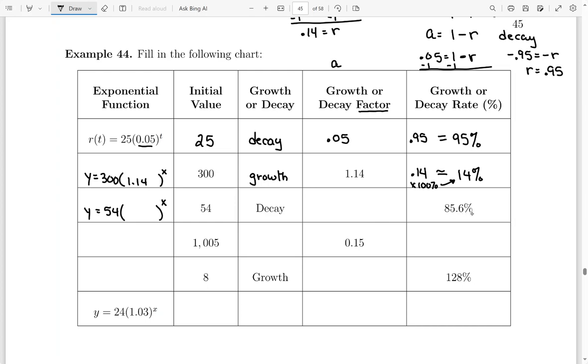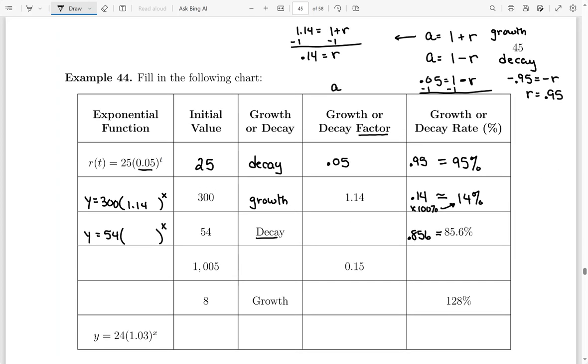And 85.6% is the same as 0.856, and I'm looking at decay. So the decay formula was this one up here, 1 minus r. This column is r, so my a equals 1 minus 0.856.